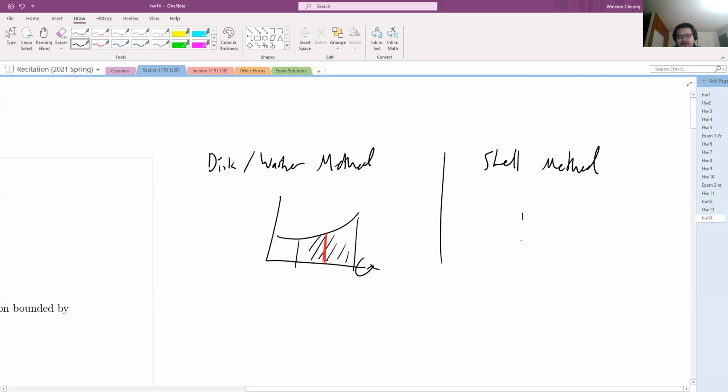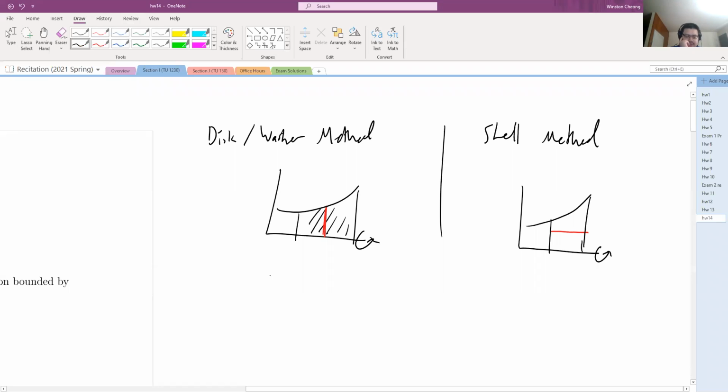Versus if the red line was like this and you're rotating it about this axis, it traces out a cylinder, what we call a cylindrical shell. So that's why this image prompts you to think of this as the shell method.